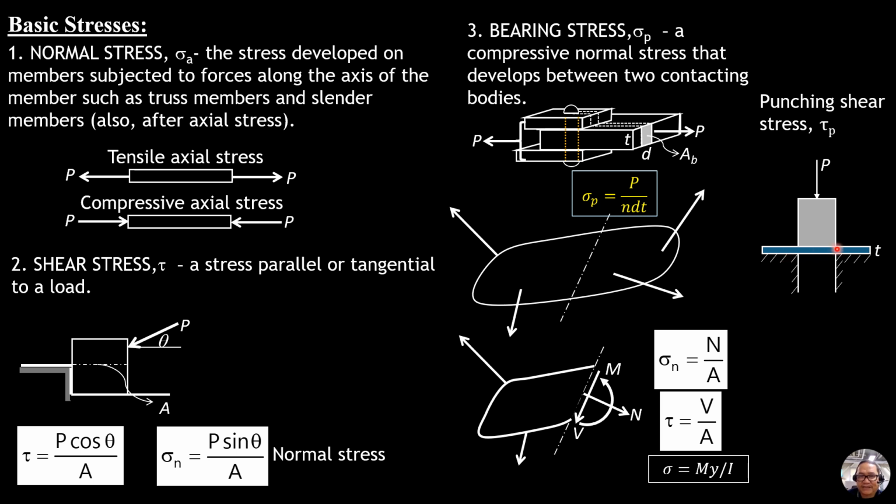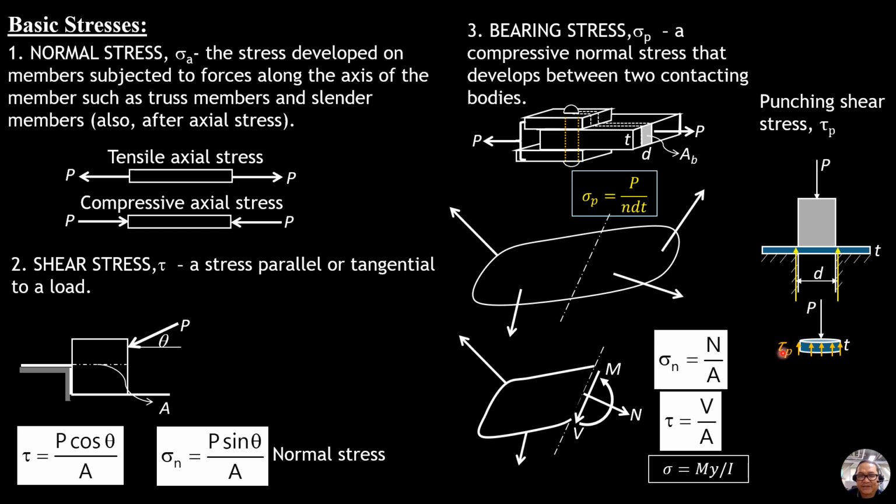So this is cylindrical, of thickness t. There is resistance to that punching force, and that is shear force because it is parallel to the lateral area of the cylindrical portion.